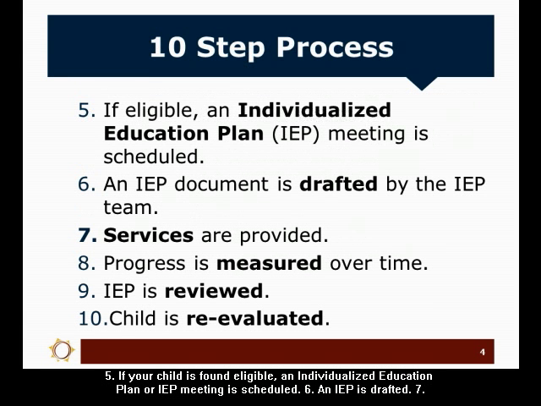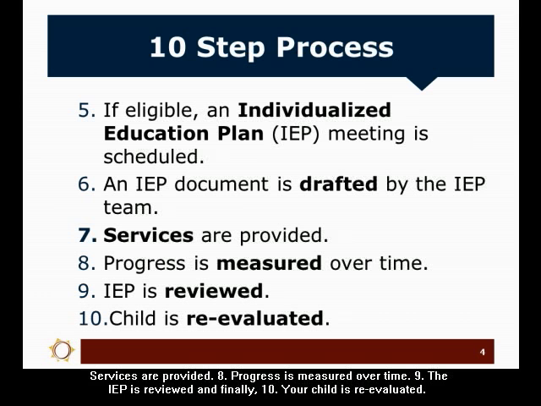If your child is found eligible, an individualized education plan or IEP meeting is scheduled. 6. An IEP is drafted. 7. Services are provided. 8. Progress is measured over time. 9. The IEP is reviewed, and finally, 10. Your child is reevaluated.